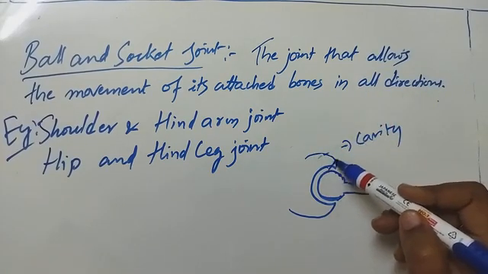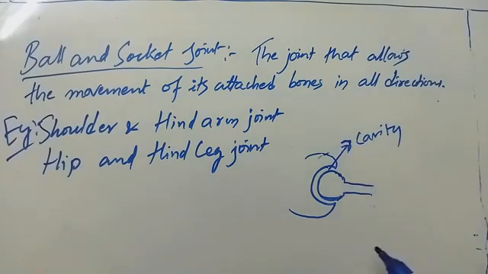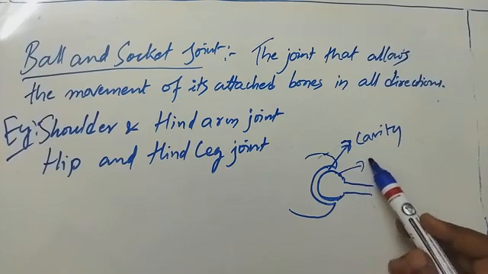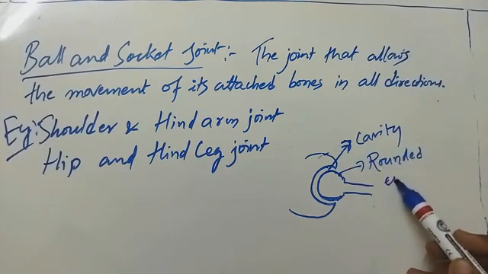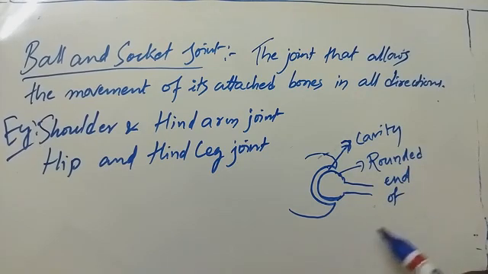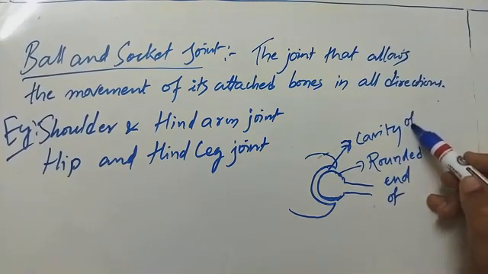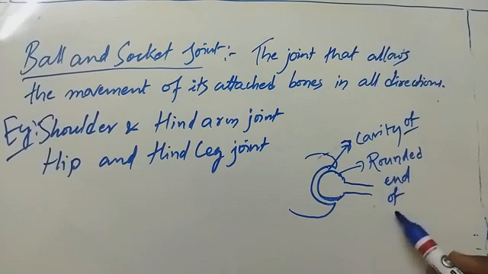This is the cavity of one bone with the rounded end of the other bone.